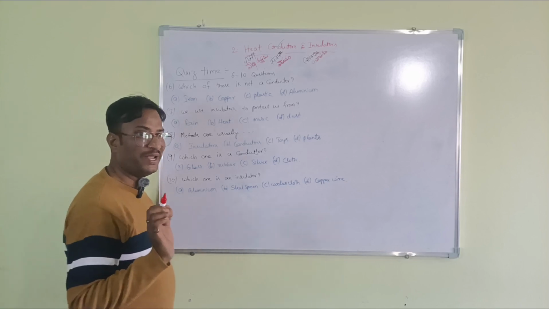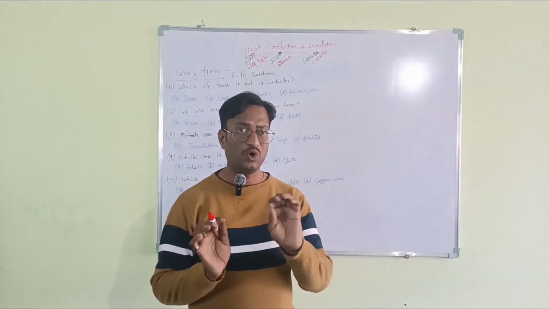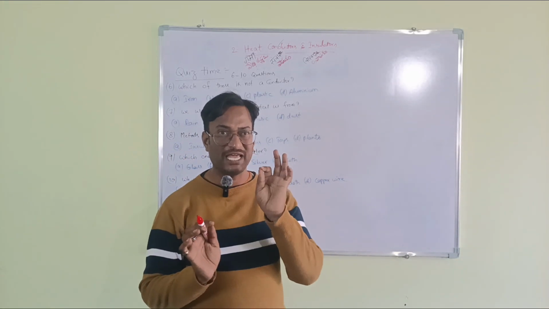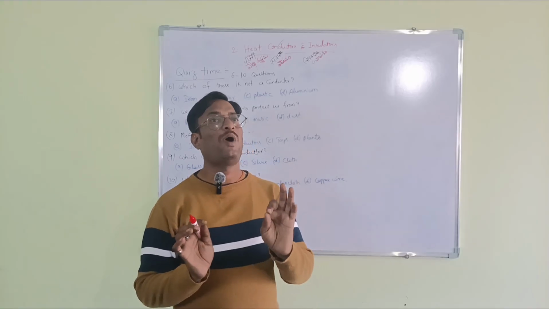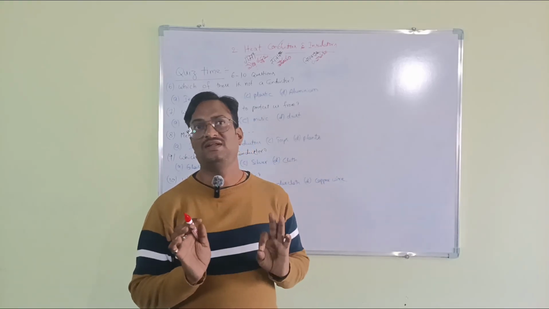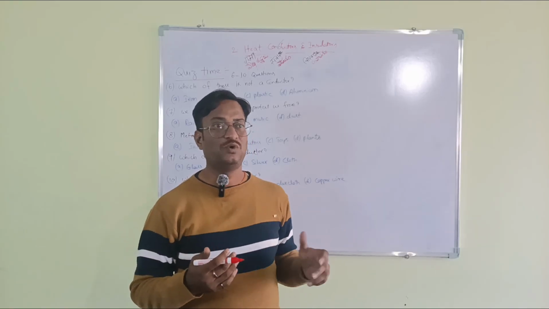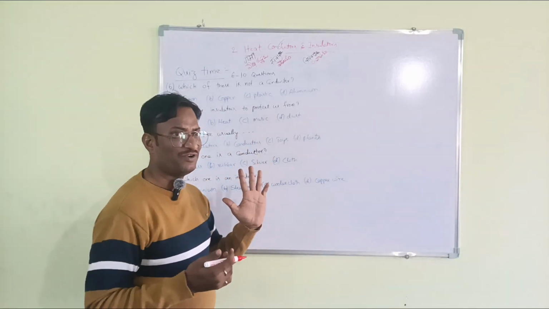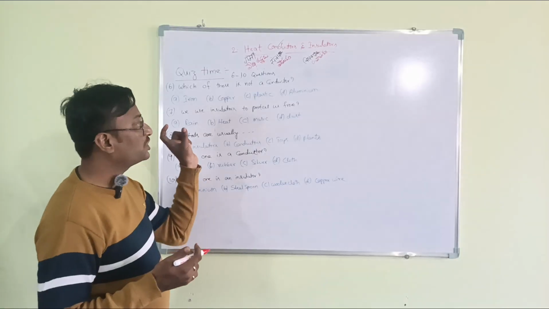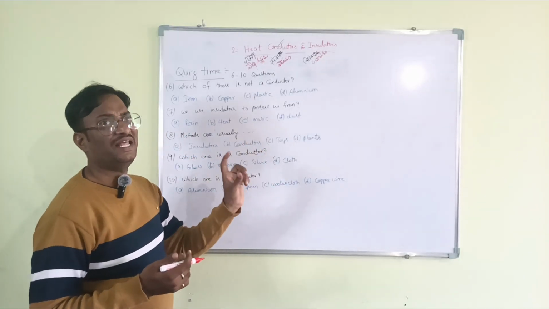Of course, you may know everything, but don't be in a hurry. Read the question carefully, slowly, what is given, what to answer. If you are in a hurry, definitely you will make a mistake, right? Don't go for that. Listen carefully and read the question twice, thrice, then answer, right?